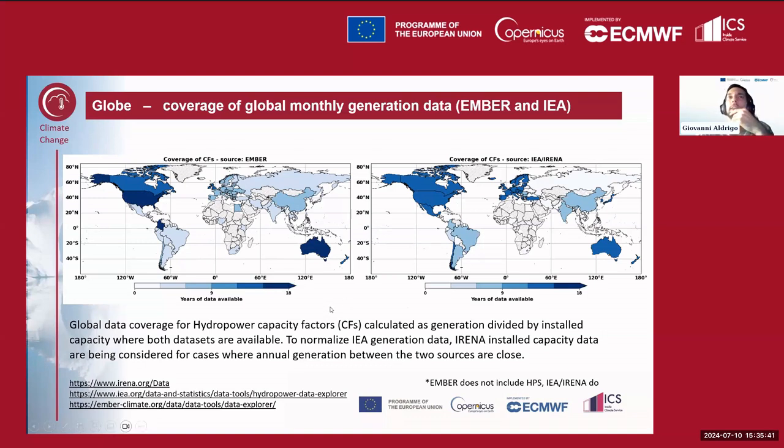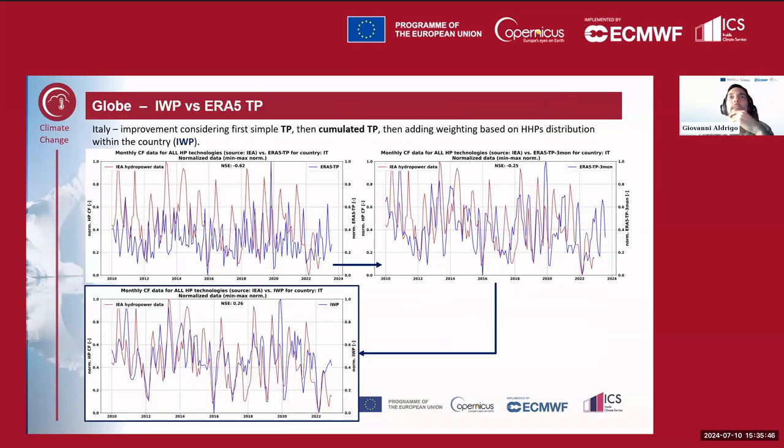And this allows us to better validate the proxy. Just an example here, this is for Italy. In this plot, each panel shows two lines, a red one and a blue one. The red one is the actual observed hydropower time series from, in this case, the IEA data set.